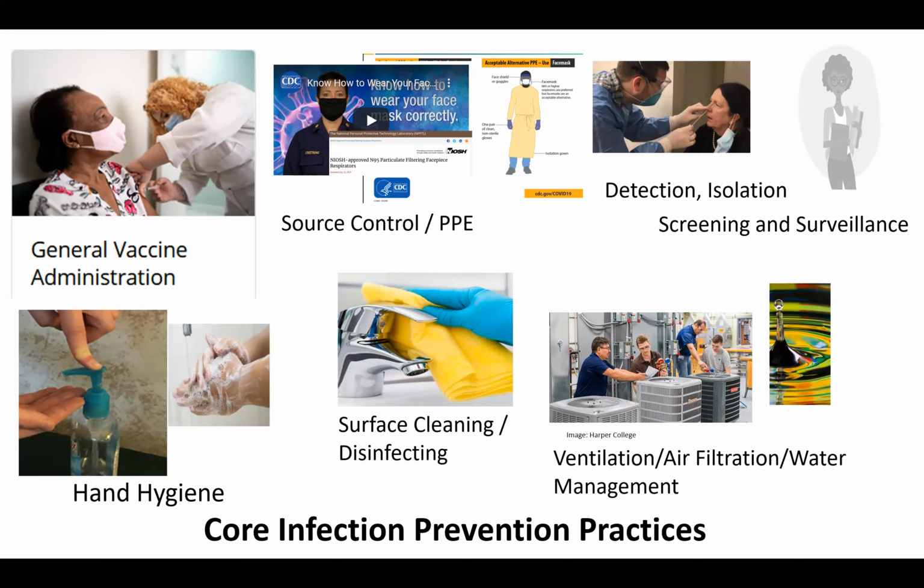These are critical ways that we prevent infection. Surface cleaning and disinfection, and ventilation, air filtration, and water management. All of these places are where germs can hide that cause illness, and so we need to be aware of where they are so that we can prevent the illnesses.